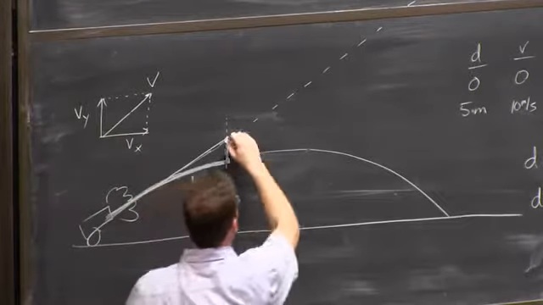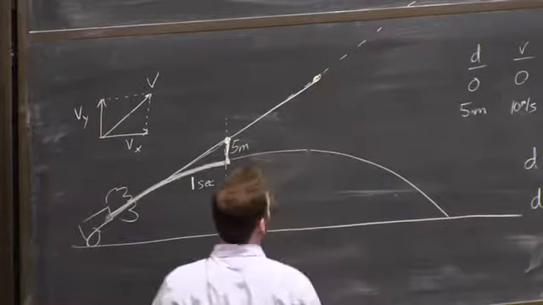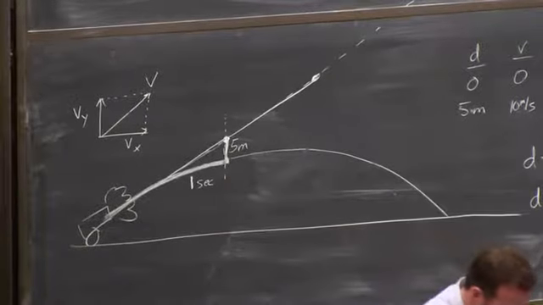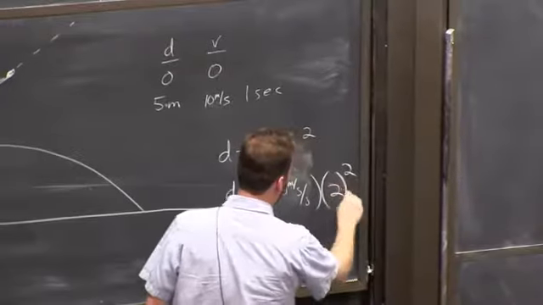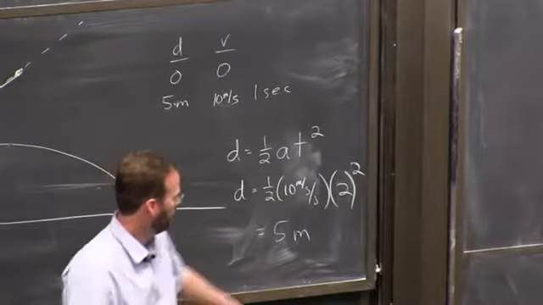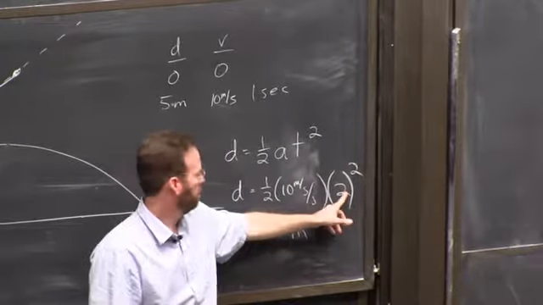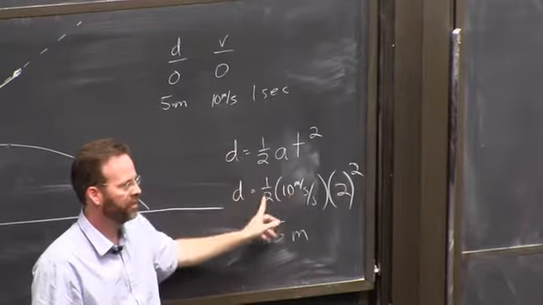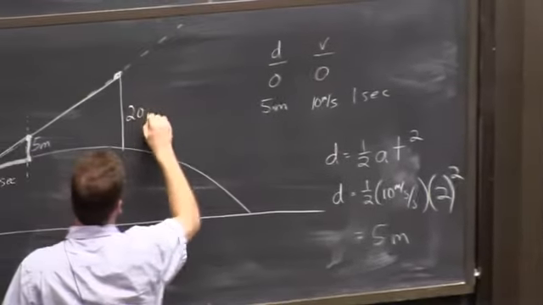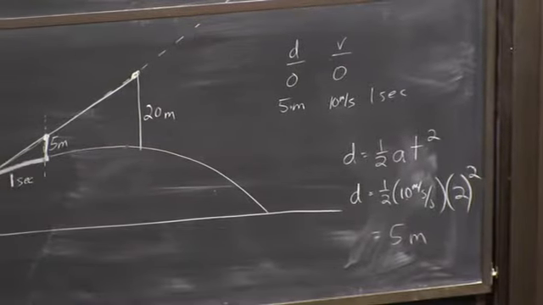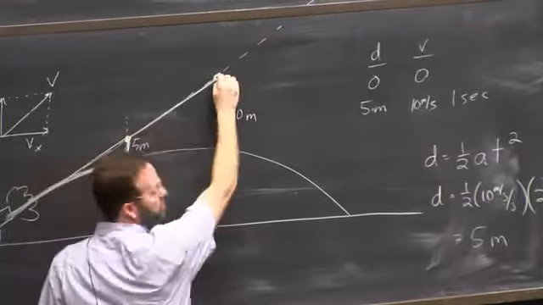If you went another second, you're over here somewhere, and if this were a 2, what would we get? 2 squared is 4. 4 times 10 is 40. Half of that is 20. So it would have fallen 20 meters. Again, without gravity, it would have just continued on for another second.